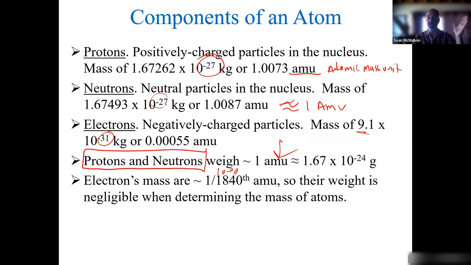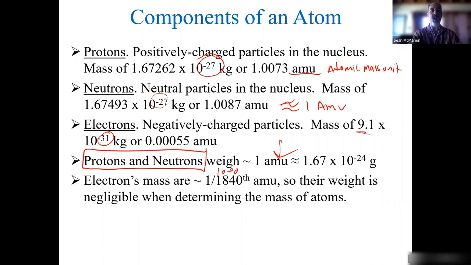A ton is 2,000 pounds. The scale that they step on, its precision is to the tons, right? Because it's massive. If a flea jumps on an elephant's back, that scale won't move because the mass of the flea is negligible to the mass of the elephant. It's not that the flea doesn't have a mass, it's just really small.